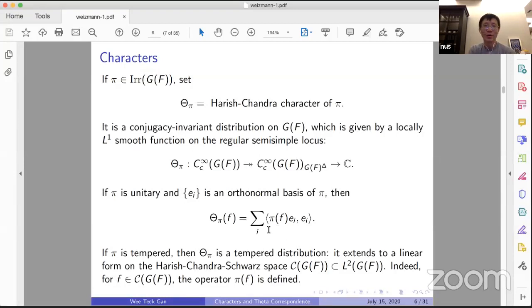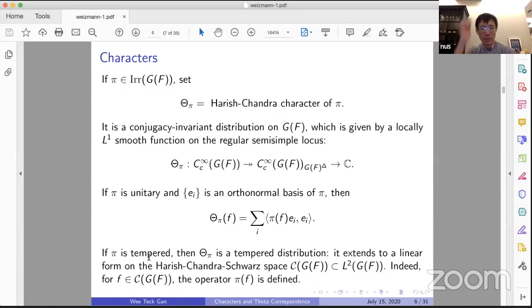The fact is that this sum is actually finite because our function is locally constant, it's a smooth function. So π(f) is a finite rank operator.